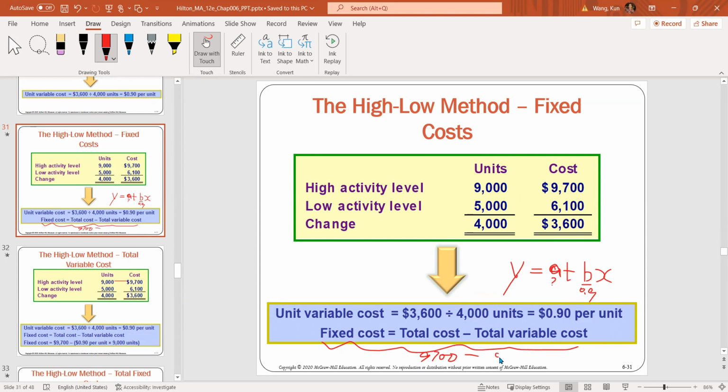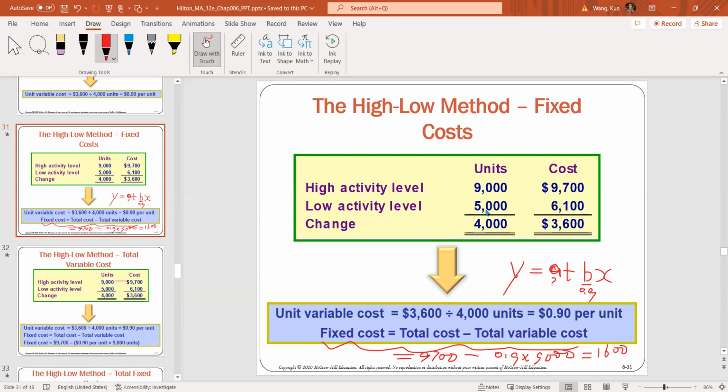The total variable cost is 8,100. So how much? 9,700 minus 8,100 is 1,600. Yeah, the fixed cost should be 1,600.